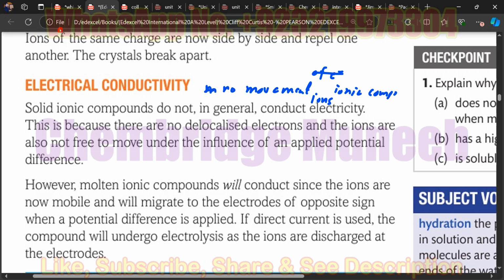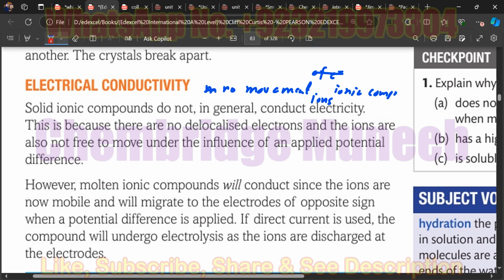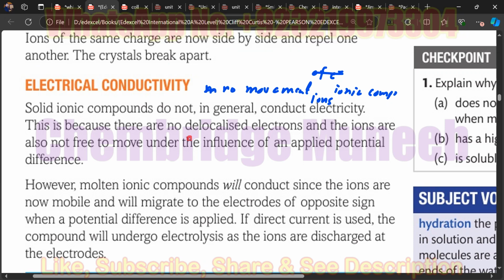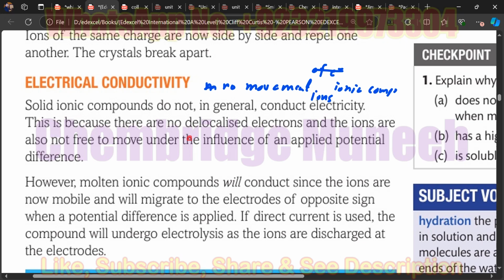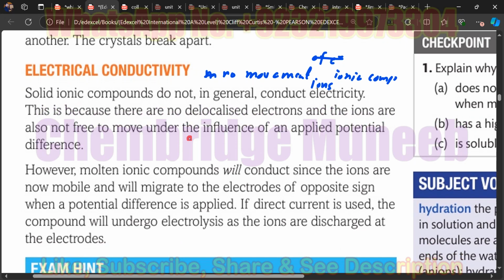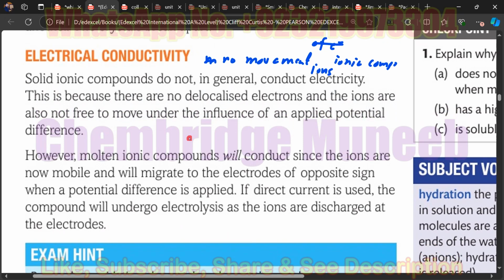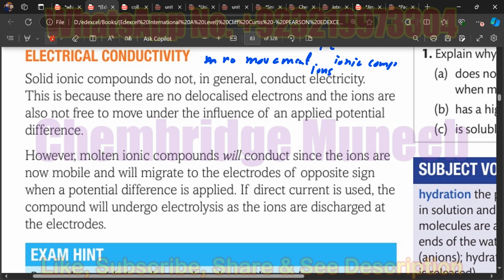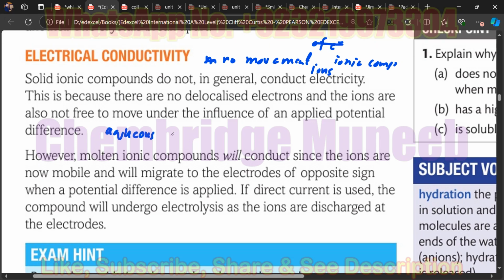So yes, they will not conduct electricity when they are in their solid form, but they can conduct electricity when they are either in their molten form or the aqueous form. By molten, when they are melted, that's the molten form. And the other state, which is the aqueous form, what does it mean by aqueous form? Dissolved in water.